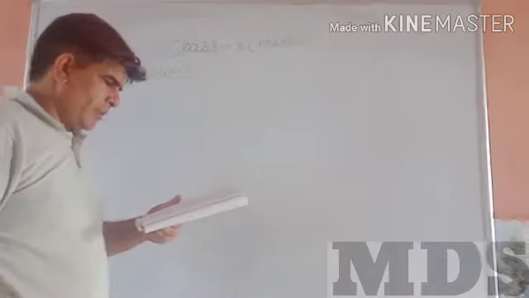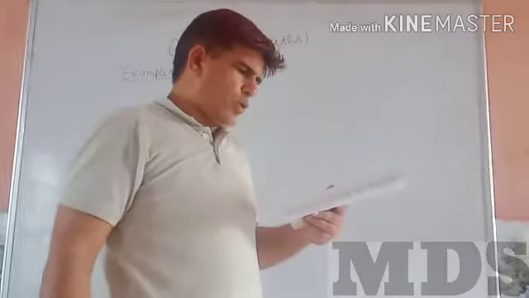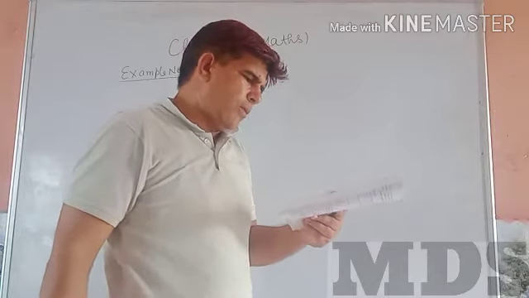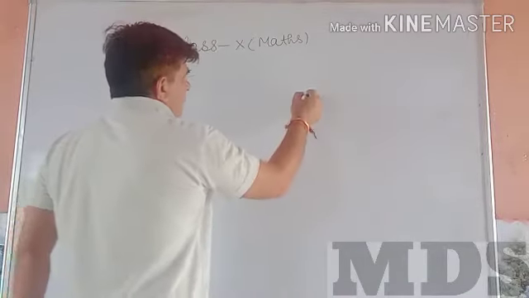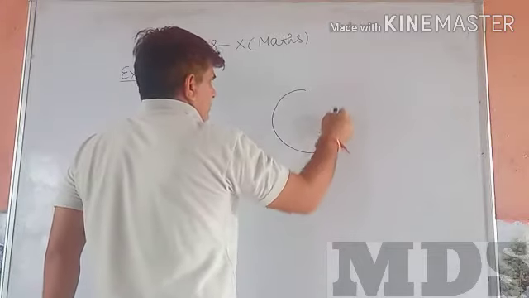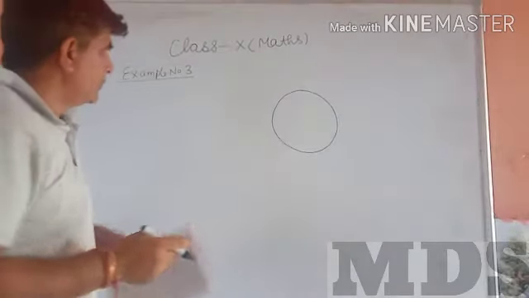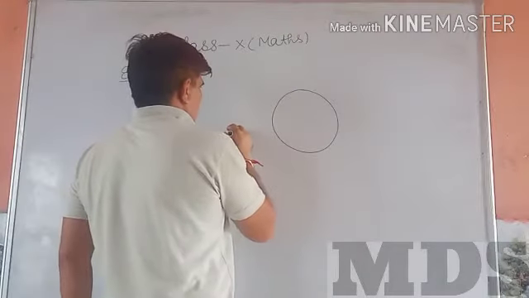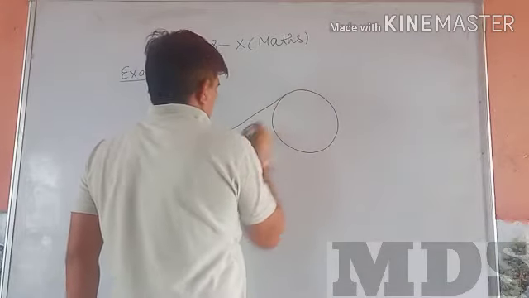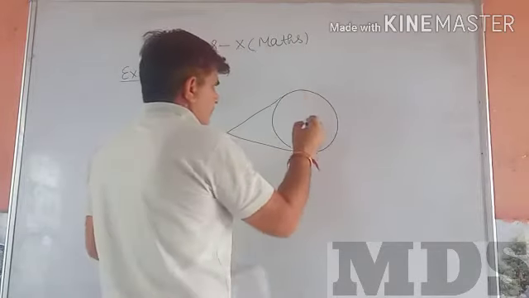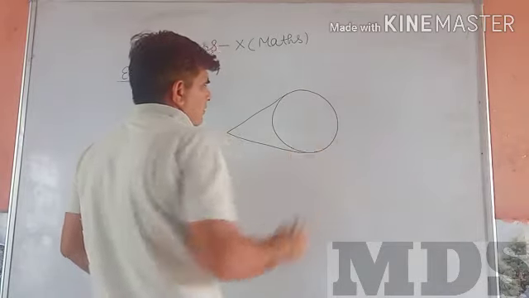Example number 3. It's given that PQ is a chord of length 8 cm of a circle of radius 5 cm. This point is outside the circle, touching here, and this is the center.